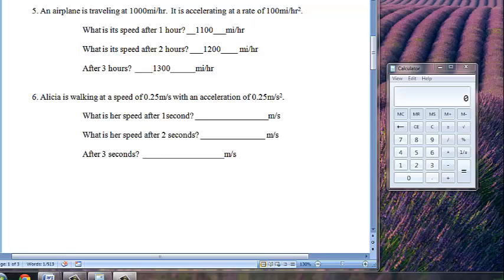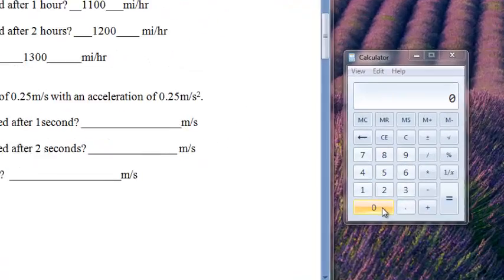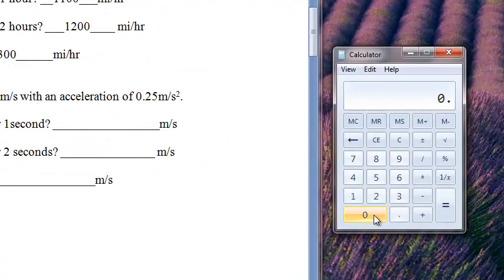In the next problem, Alicia is walking at a speed of 0.25 meters per second with an acceleration of 0.25 meters per second squared. So if she starts out at 0.25 meters per second, and then she's walked for 1 second, she will have increased her speed by 0.25.